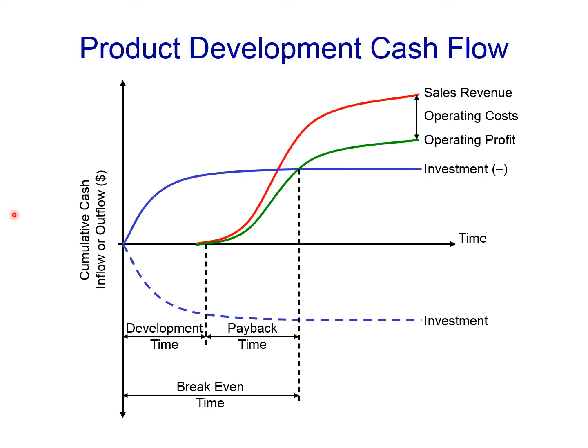First of all, the more you spend on development, the slower it is, and we have a larger TTM, or break-even time. That is, if the blue curve is bigger, it goes down further or up further.